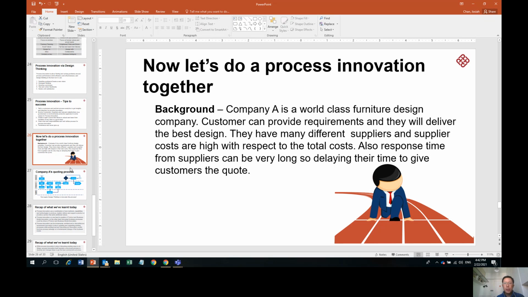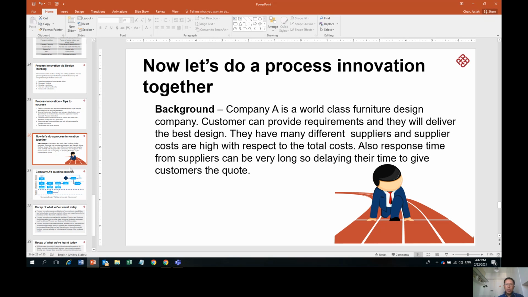Company A is a world-class furniture design company. The customer provides the requirements, and they deliver the best design for the customers. At the back end, they have many different suppliers, and supplier costs are high with respect to the total cost.